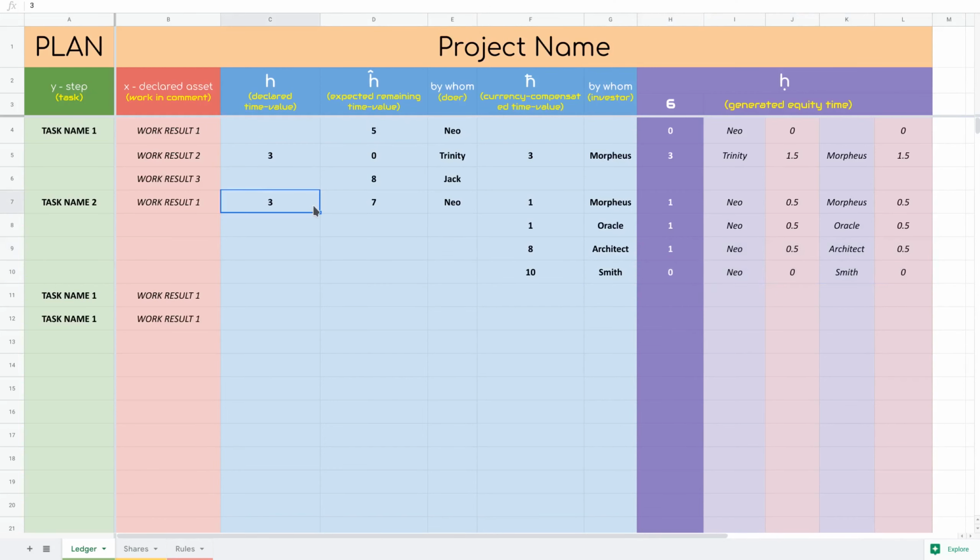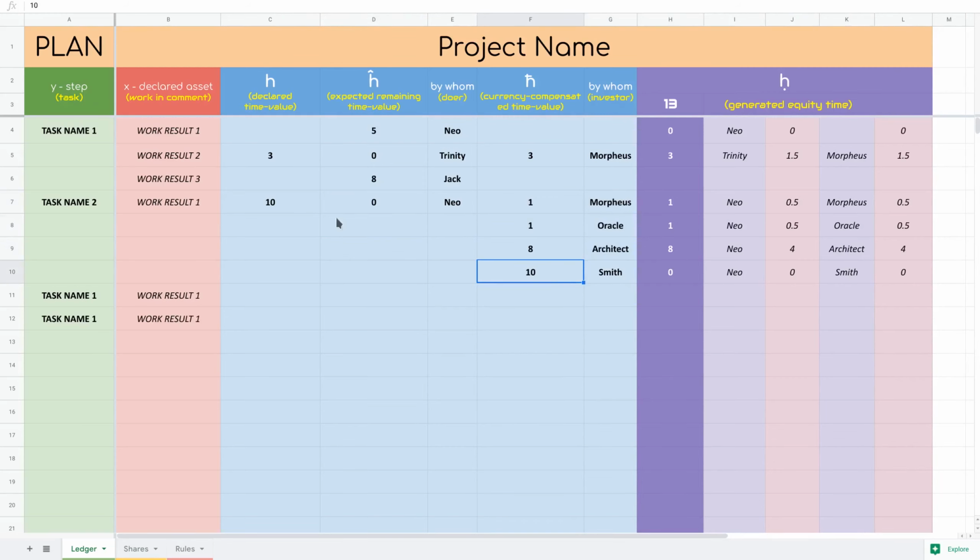Why? This is the order of investors. Even if Neo declares 100% of his hours, Smith doesn't get anything because he was late to the party. The Architect already invested, and Oracle and Morpheus already invested.